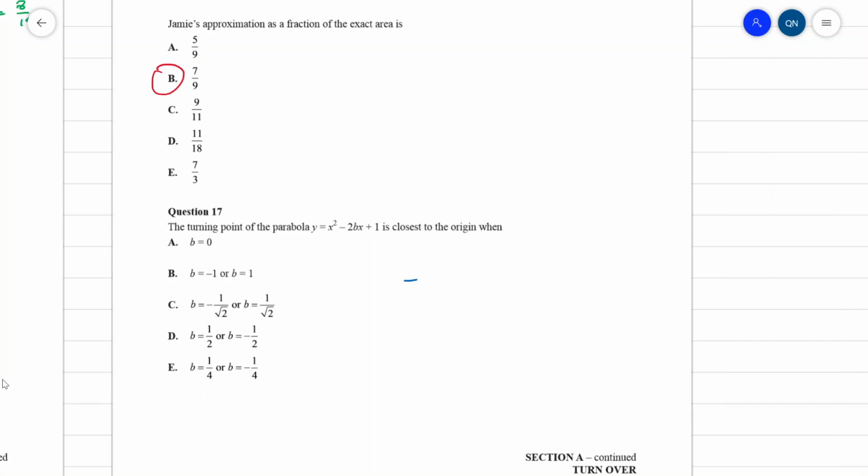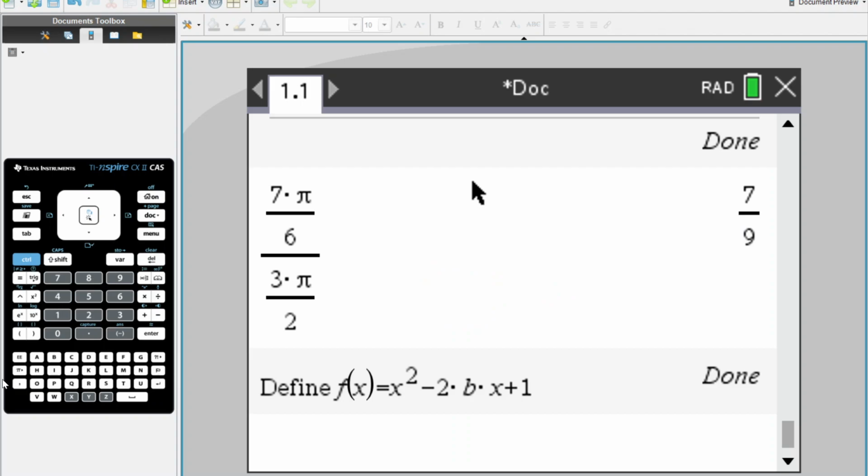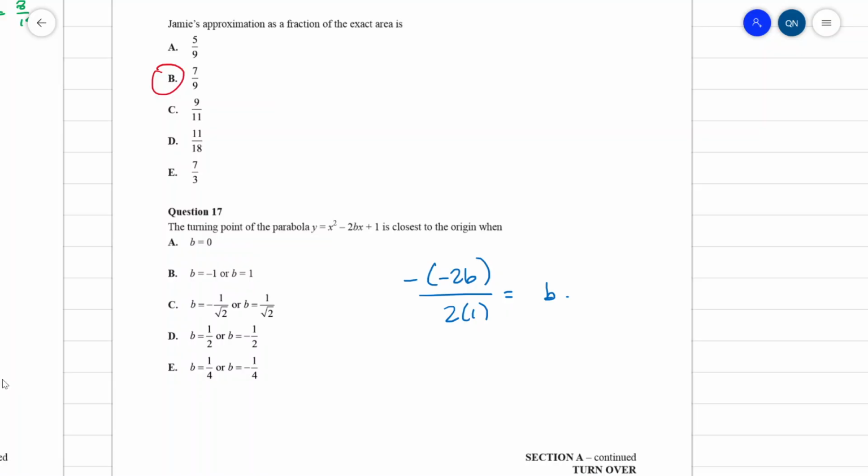It's negative the coefficient in front of the x, which is negative 2b in this case, divided by 2 times a, which is 1. So that's just going to be b, isn't it? So we want the coordinates at b.